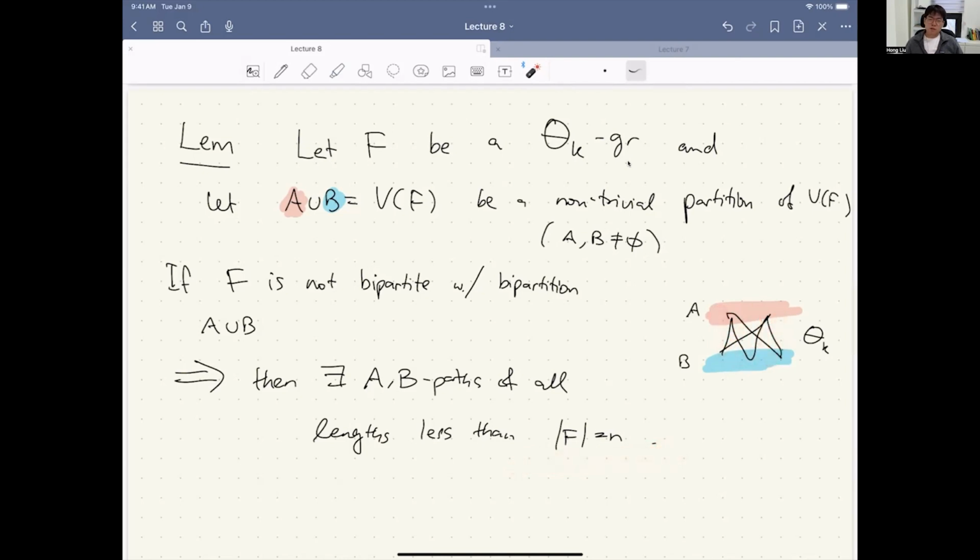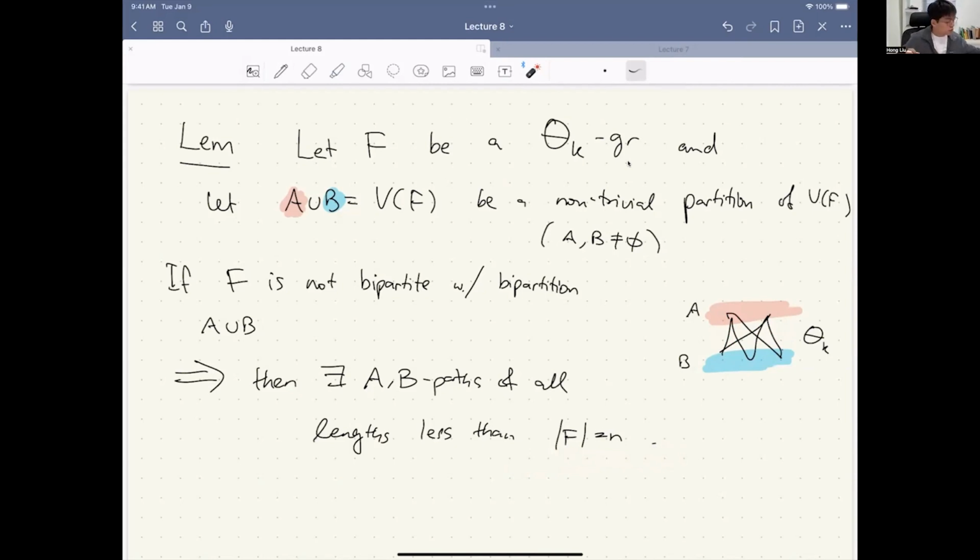So you can find many, many paths of different lengths between A and B. Okay, that's all I want to say about the BFS proof for even cycles.